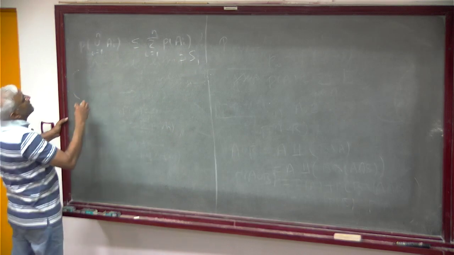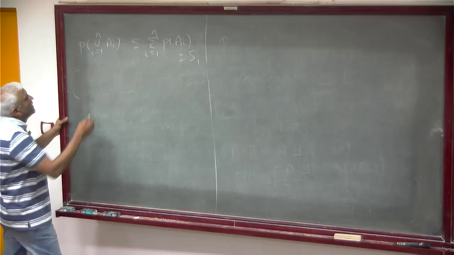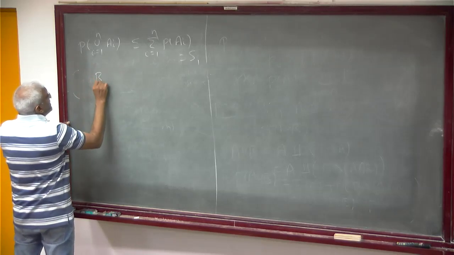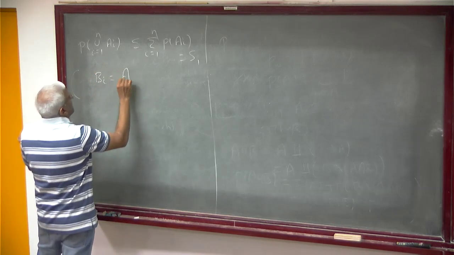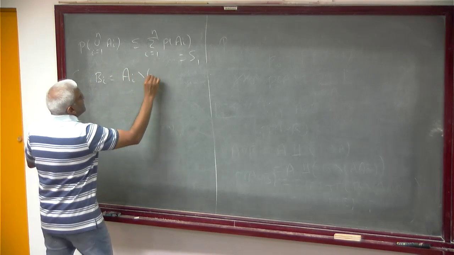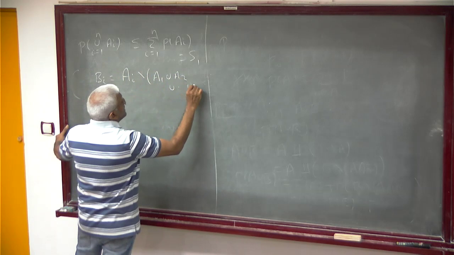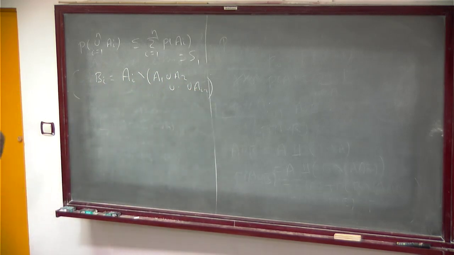This is just clear, right? Because you have something to prove that is positive. That's one way you can do it. This is because, we have done this here, you can define Bi equal to Ai minus A1 union A2 union up to A(i-1). You just remove the previous things.